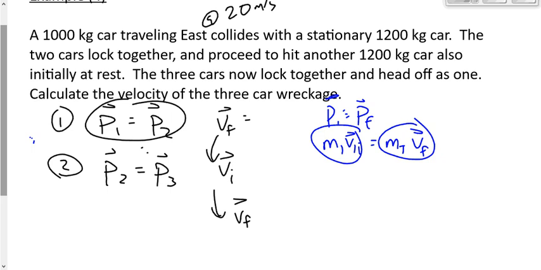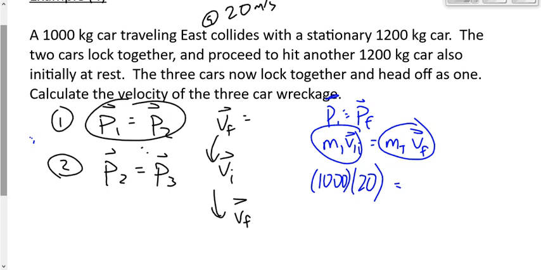M1 is 1,000 kilograms. V1i is 20 meters per second. M2 is 1200. V2i is 0. M3 is 1200. V3i is 0. So the total initial momentum is due just to this object.